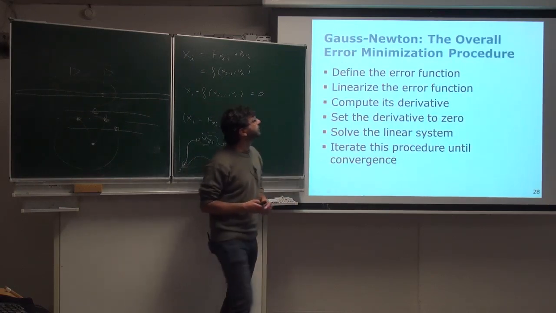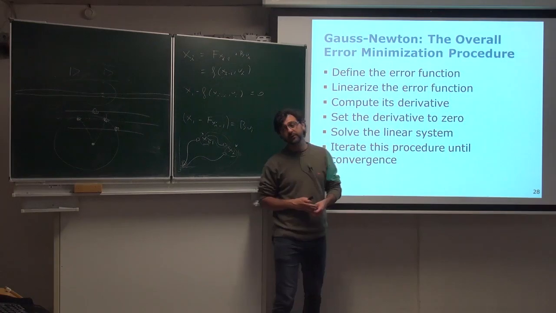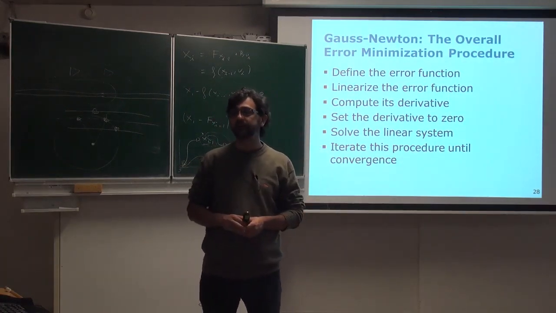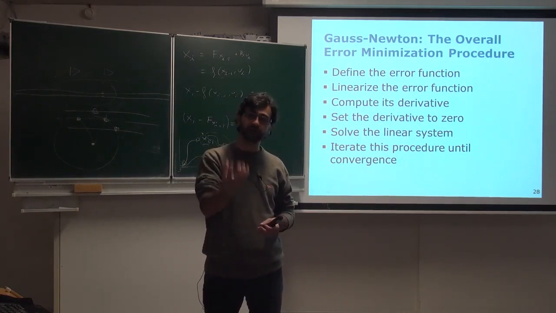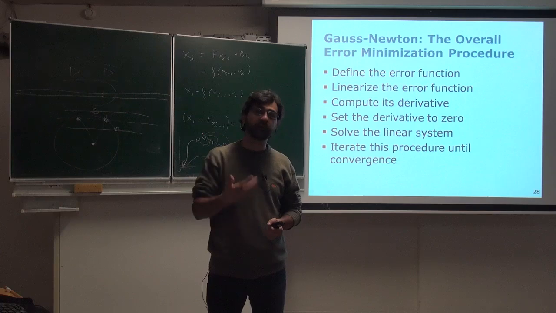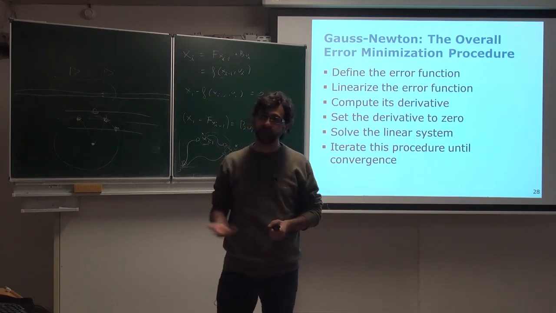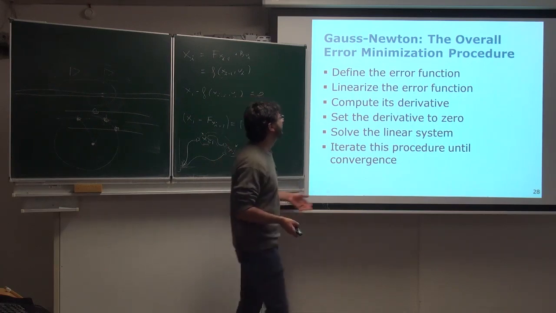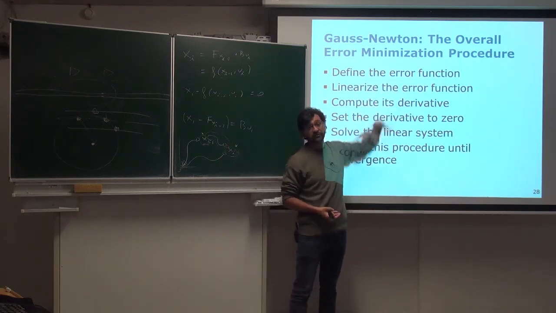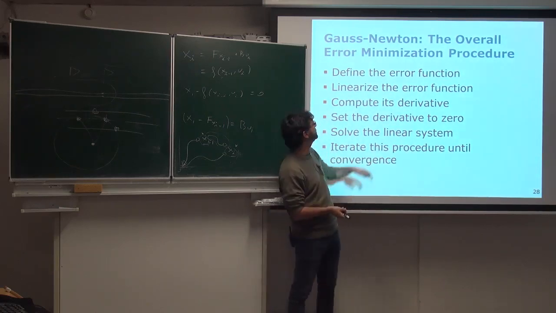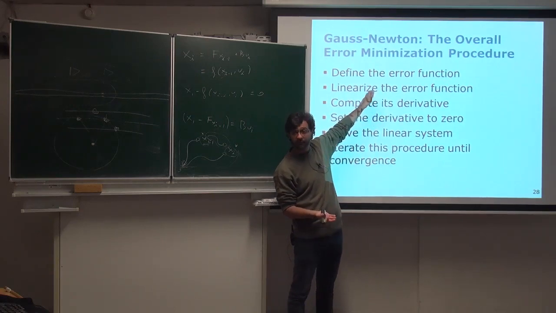Okay, so now that we have everything defined, we can see how we can solve this least squares problem in terms of the Gauss-Newton algorithm, the one that we described also in the last lecture. The idea here is that we have our error function, which is a nonlinear error function, and we go through the definition of the Gauss-Newton algorithm, which is: we first linearize the error function.